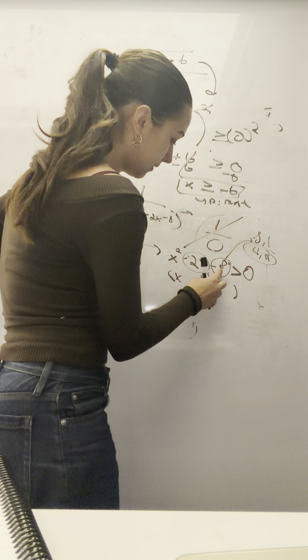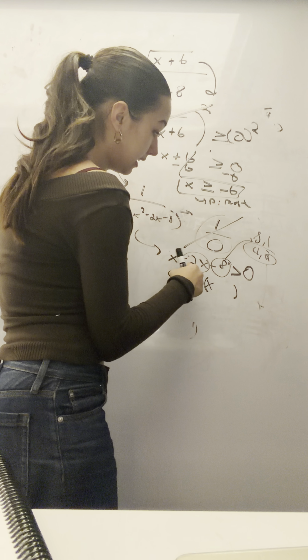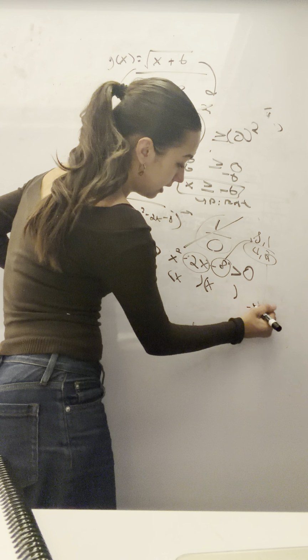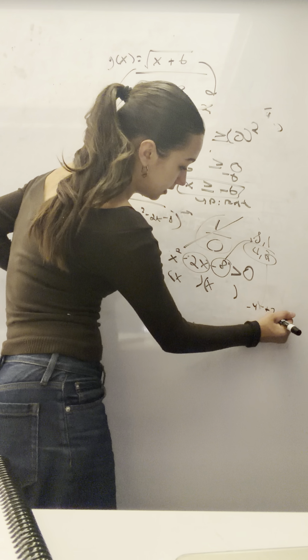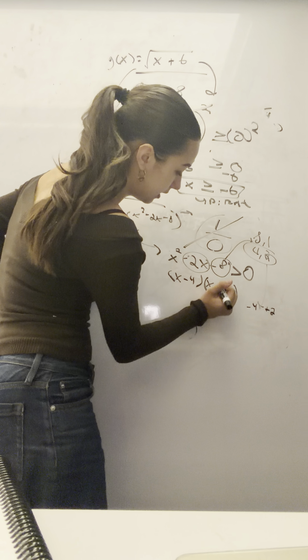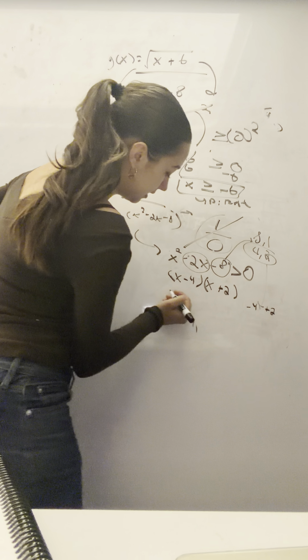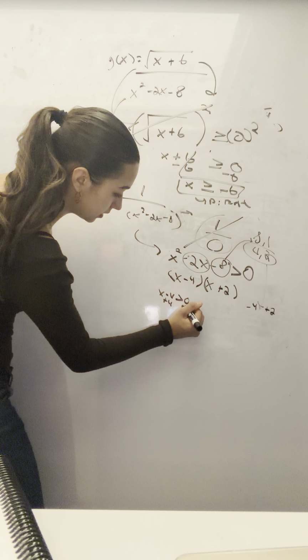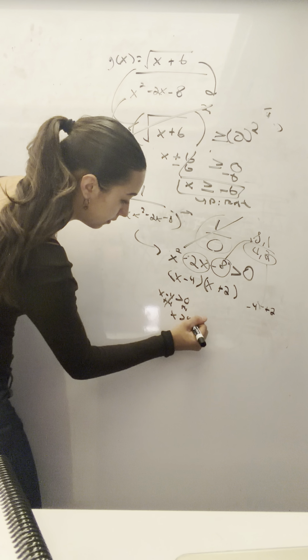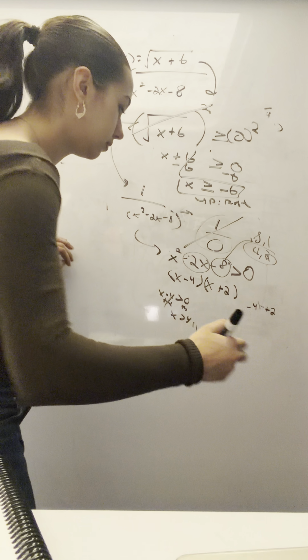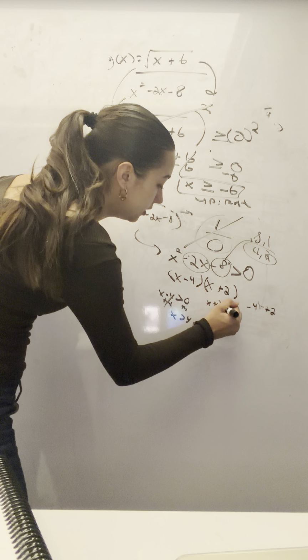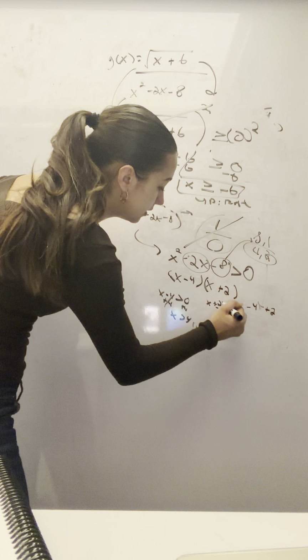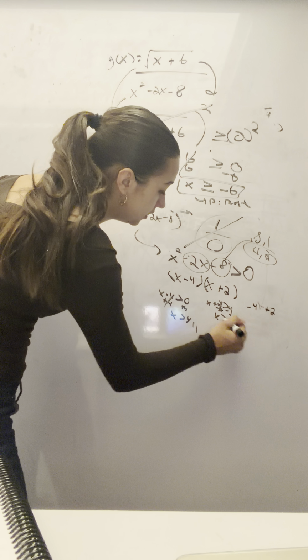Well, we have a -8 and a -2, so that tells me -4 and positive 2, so x minus 4, x plus 2. x minus 4 is greater than 0, so plus 4, x is greater than 4, and x plus 2 is greater than 0, minus 2, x is greater than negative 2.